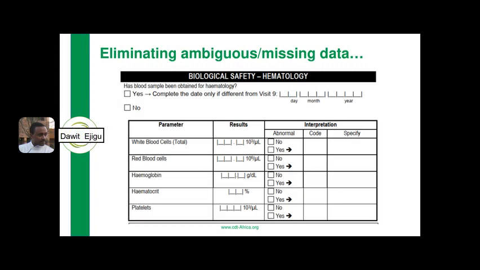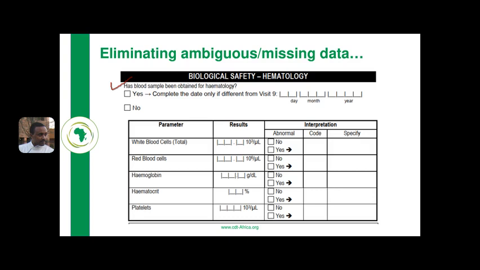Here is an example of what we've just discussed in the previous slides about eliminating ambiguity on missing data. Here we have a lab result, and for the lab results, we have an entry question which says, has a blood sample been obtained for hematology?